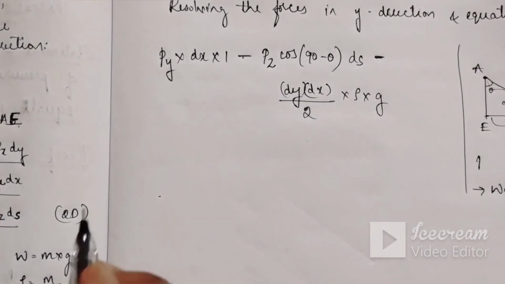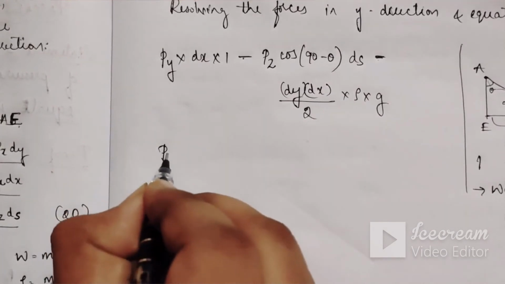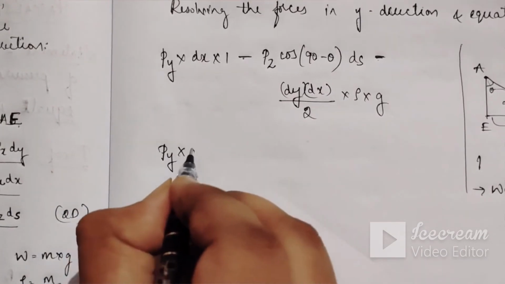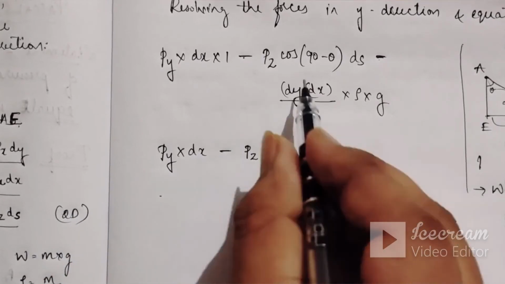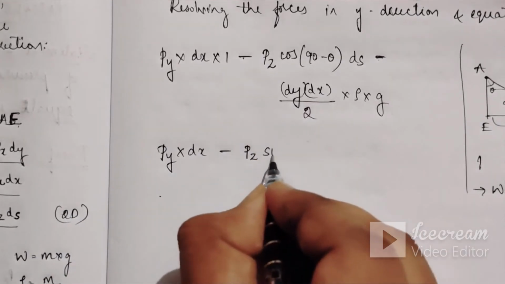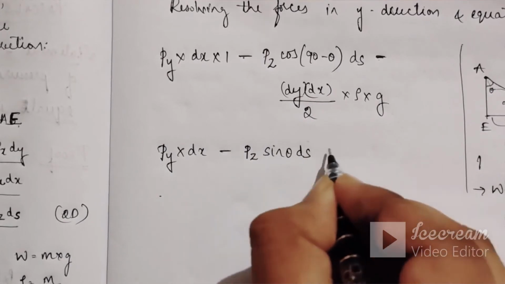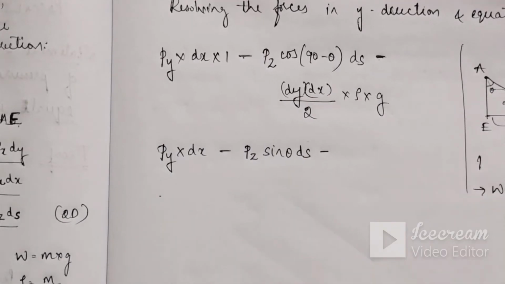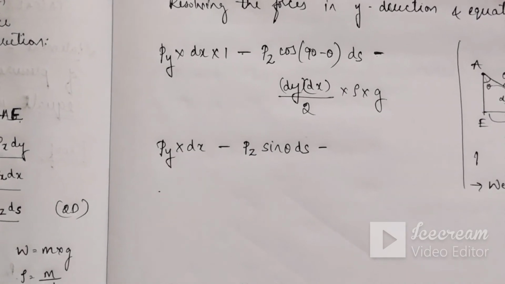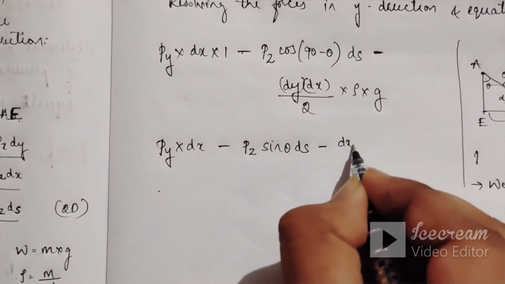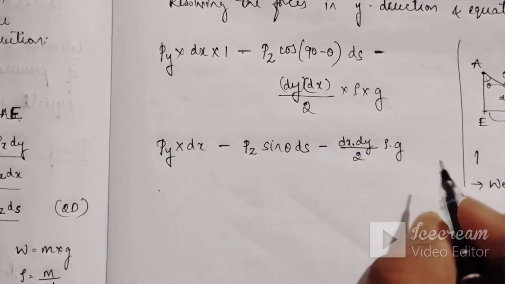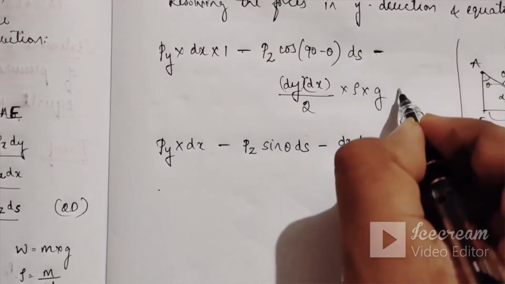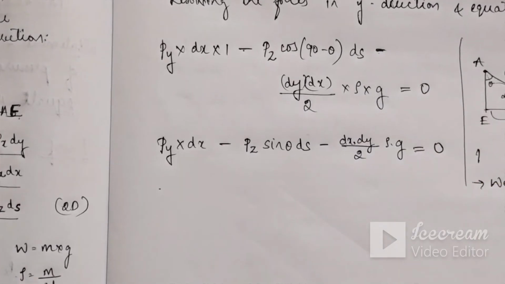Fine. Now I'll simplify. So py into dx minus pz into cos(90 minus theta), which is nothing but sin theta, into ds, minus dx into dy by 2 into rho into g, is equal to 0.